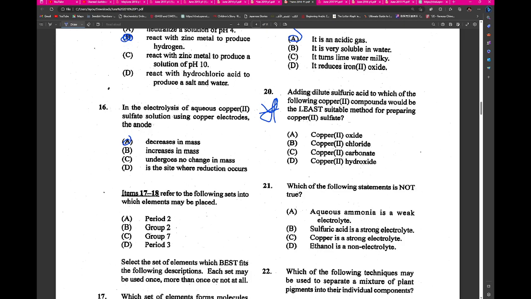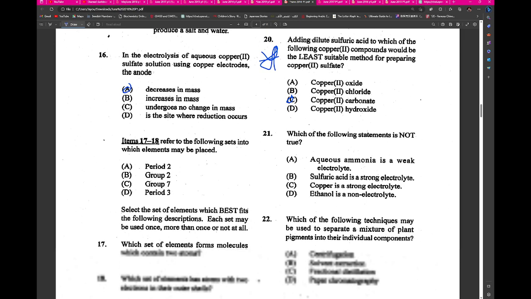What will be the best answer here? So what do we use to create copper sulfate? I remember doing this reaction. It was a little bit iffy, I may say. Right, so we have to add it. Let me see. I want you guys to have a look at this. I would believe that would be the copper carbonate.